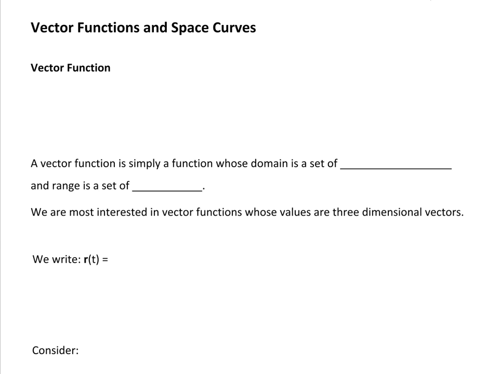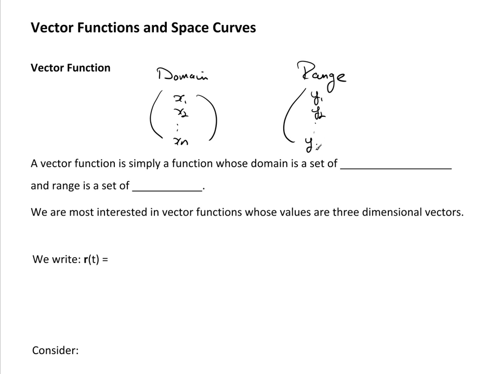Before we move on to the idea of vector functions and space curves, let's first just talk about functions in R2. As a reminder, the way we define functions in R2 is that we have a domain, which we think of as x1, x2, up to xn, and we have the range, y1, y2, out to yk, where n and k do not have to equal each other.